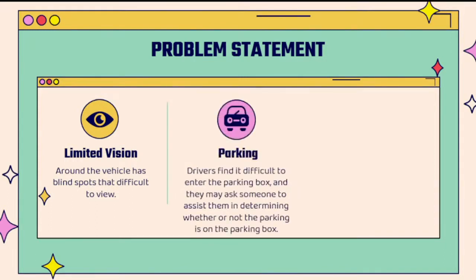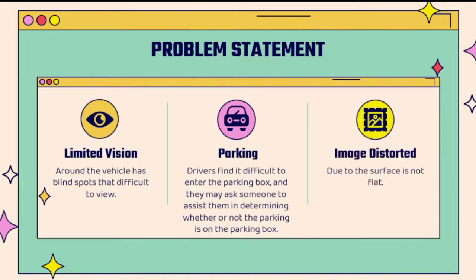The second problem is parking. The driver finds it difficult to enter the parking box, so they need to ask the passenger to assist in determining whether or not the car is in the parking box. Sometimes, when the driver is alone, he or she needs to exit the car to check whether the car is in the parking box or not.